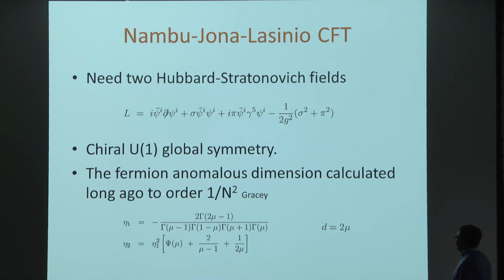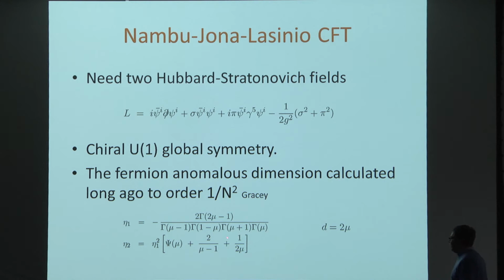And actually, Gracey already in '93 computed the fermion anomalous dimension in this type of CFT. It's similar. Basically, you have two Hubbard-Stratonovich auxiliary fields. One is sigma, and the other one is a pseudoscalar pi. And basically, you find these completely explicit answers.